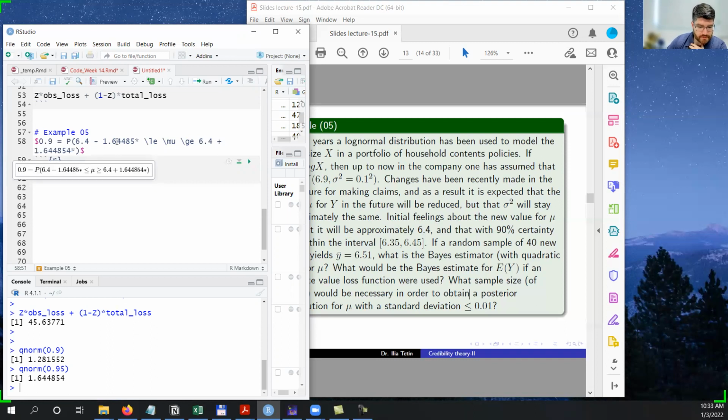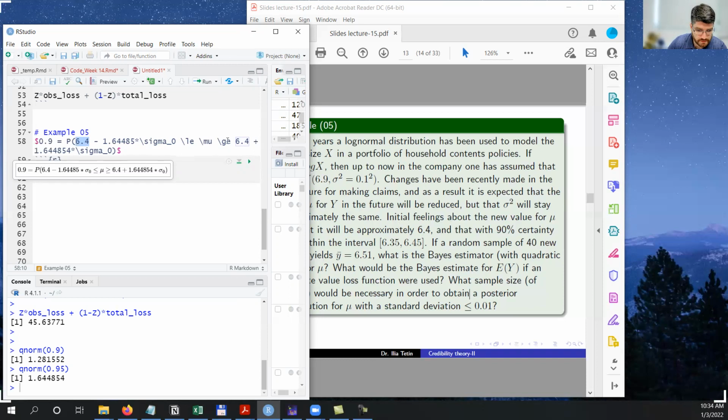The parameter I'm missing here is sigma 0. Because the value 1.64 is just the quantile of the normal distribution, and to find the given interval, we take the estimate mu minus or plus the quantile times the standard deviation. So this is the correct formula.